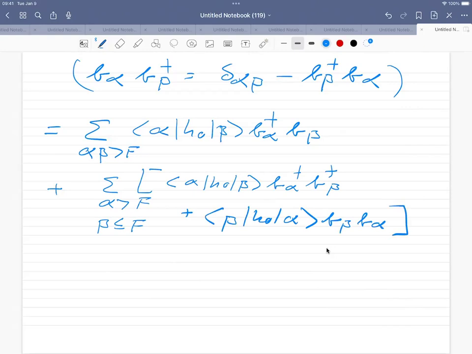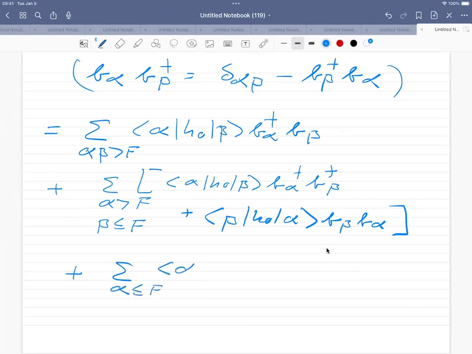So that's the second term, which I've rewritten. I did the second and the third term, which I've rewritten just in a more compact way. And then I'm going to have a Kronecker delta, which now has a sum only over alpha.